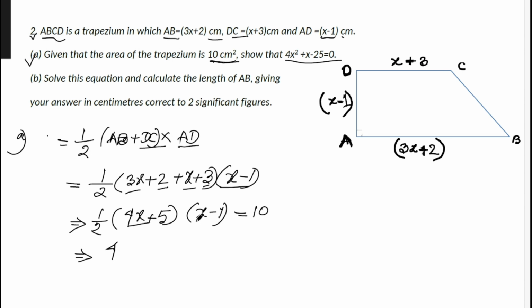So if we calculate this further, we will get 4x multiplied by x, it will be 4x square. 4x multiplied by minus 1, it will be minus 4x. 5 multiplied by x, it will be plus 5x. 5 multiplied by minus 1, it will be minus 5. And on the right side you will get 2 multiplied by 10, it will be 20.